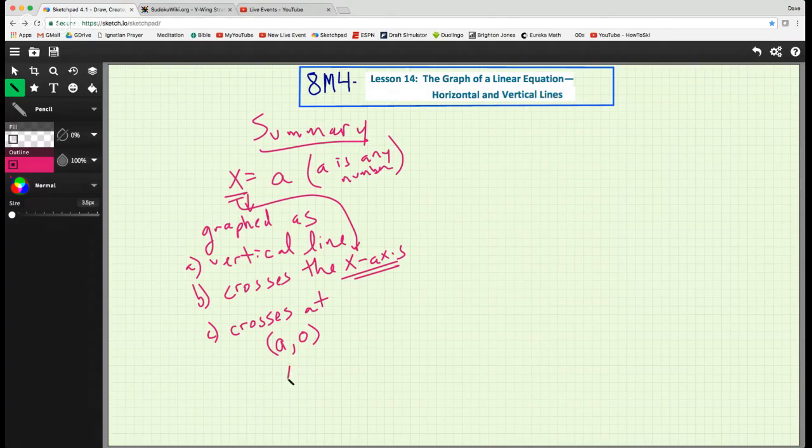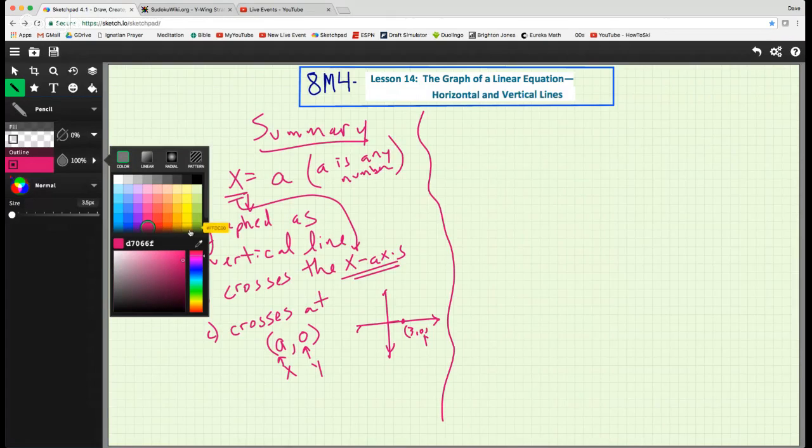Because x is a, and whenever something crosses the x-axis, it always has a y of 0, right? Because if you cross the x-axis right here at 3, 0, say, this point always has a y value of 0, right? We're going to get to a few examples of this in a second.